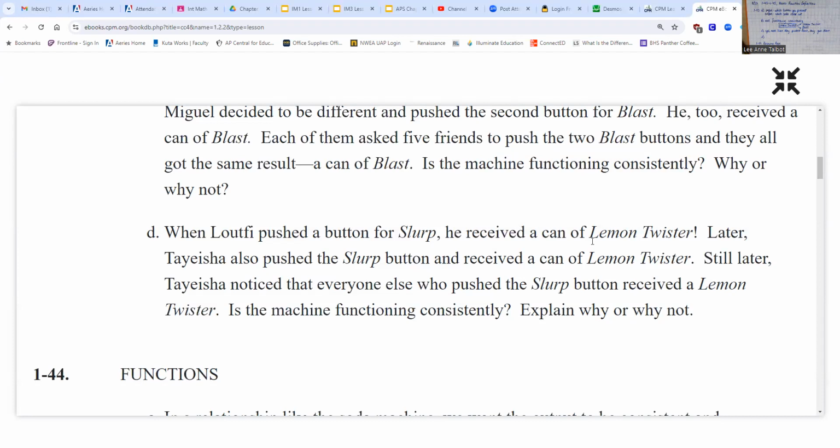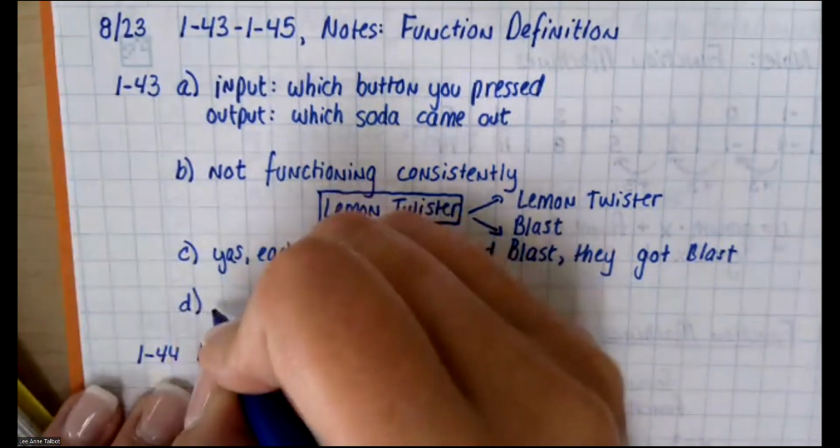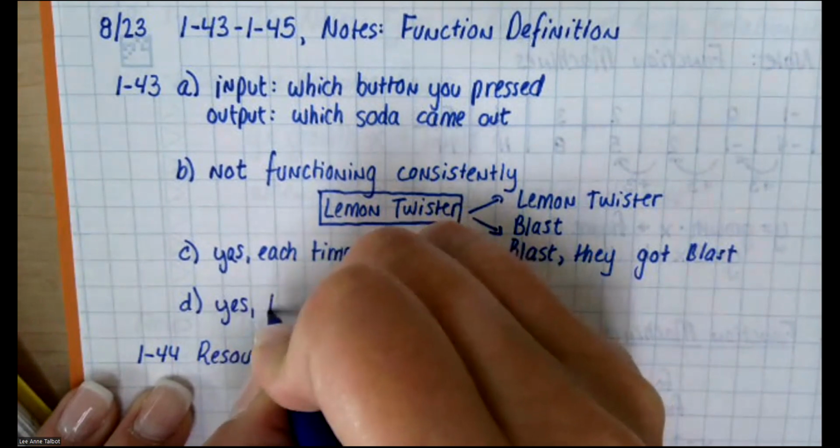What do you guys think happens? They loaded the wrong things into the wrong spots, but there's not a problem with the machine. Somebody just put all of the Lemon Twisters into the Slurp spot. The machine is okay. That's a really hard concept to think about. But what we're going to say is yes.